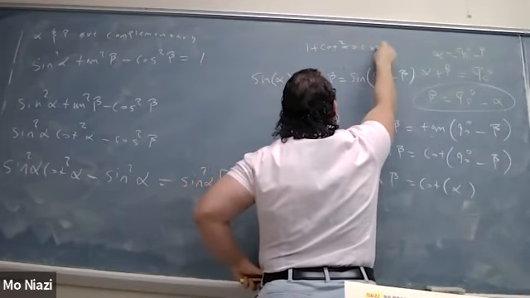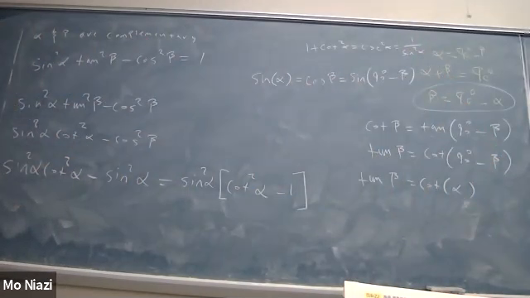So, what now? Because we have cotangent squared alpha minus 1. That means over here, which one of these relations could we utilize?